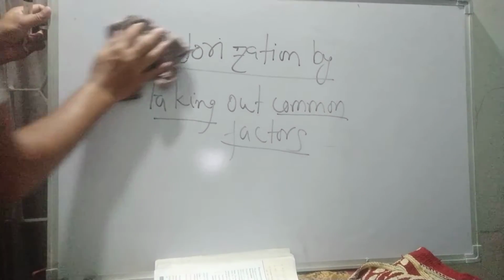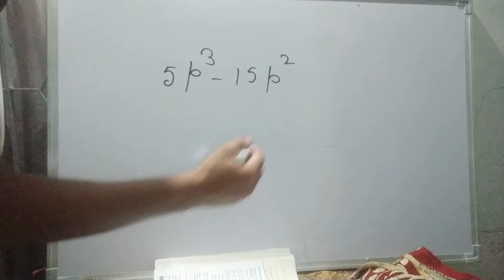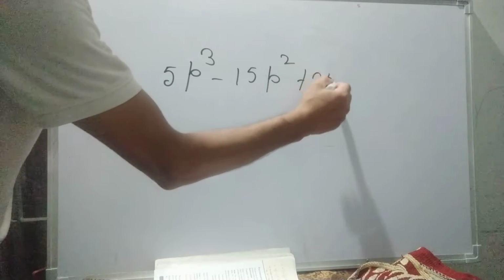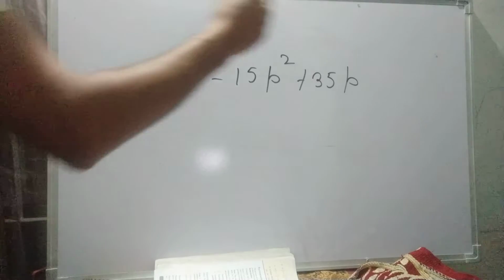Suppose we are given an algebraic expression in this way: 5p³ minus 15p square plus 35p. Here we need to factorize this.